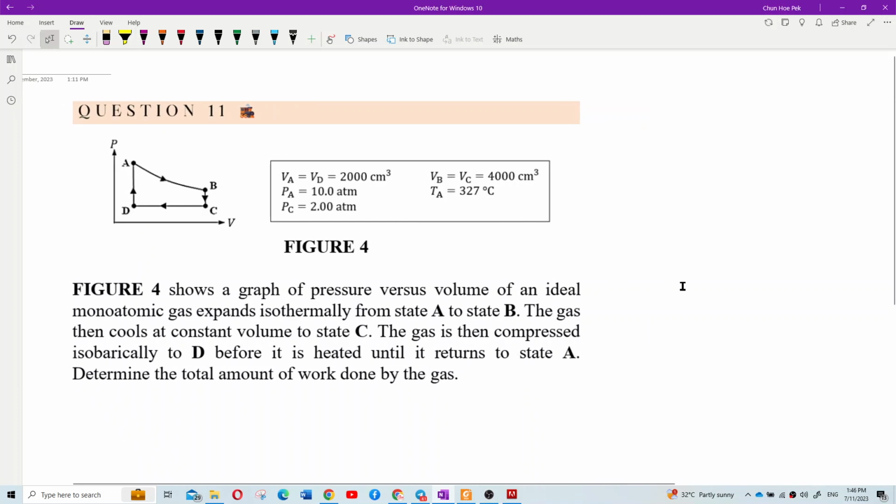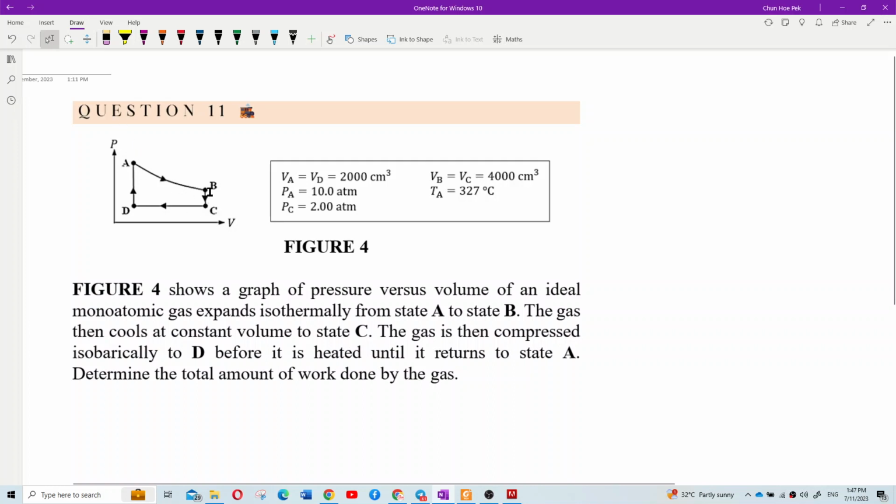Okay, so figure 4 shows a graph of pressure versus volume of an ideal gas. An ideal monoatomic gas expands isothermally from state A to B. The gas then cooled at constant volume to state C. Gas is then compressed isobarically to D. Isobaric, got isochoric, got isothermal.